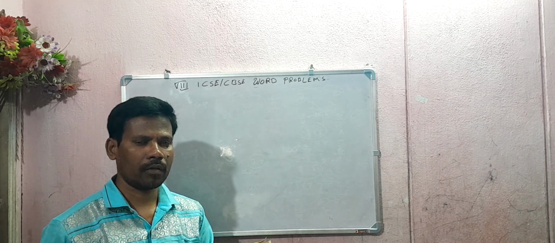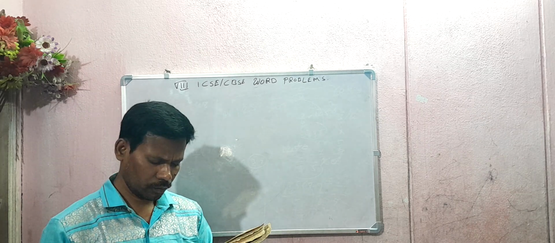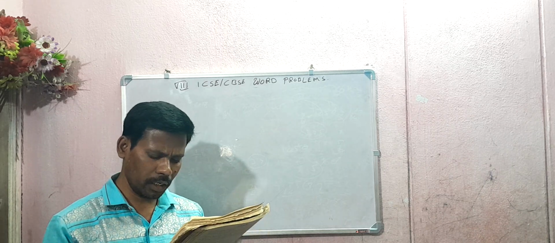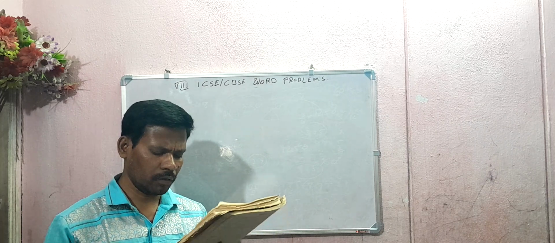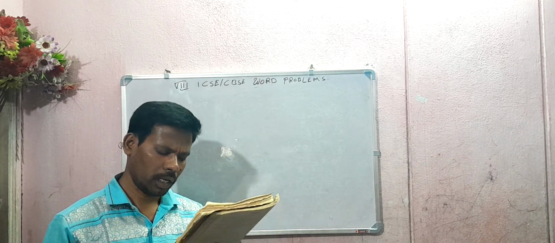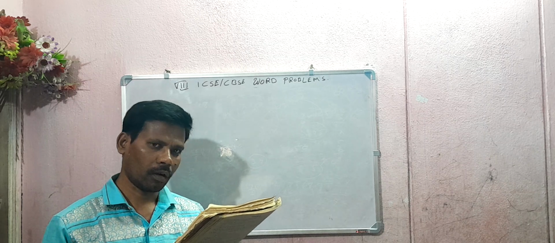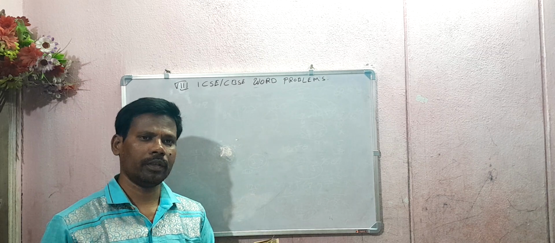Half of his land means, suppose 100 is there, 50. He gave 1 by 3 of the remaining to his son and 1/4 of the balance to his daughter. What fraction of the land is now left with him?